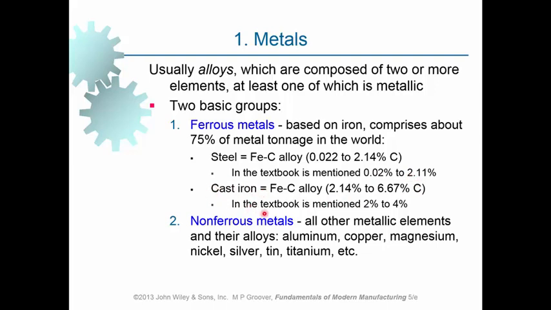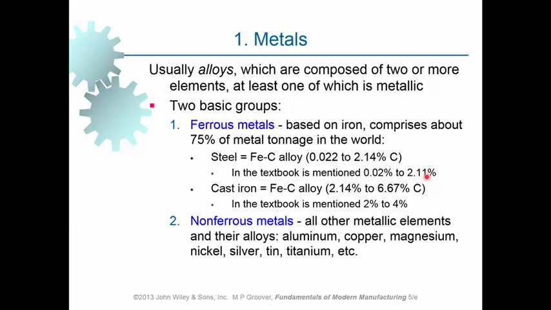It's not considered as steel anymore. And again, in the present textbook, the carbon content is referred to as 2% to 4%. That is the range of most common types of cast irons. It's not incorrect. It is referring to the most common carbon content in cast irons, and the same applies to the definition that was given previously.